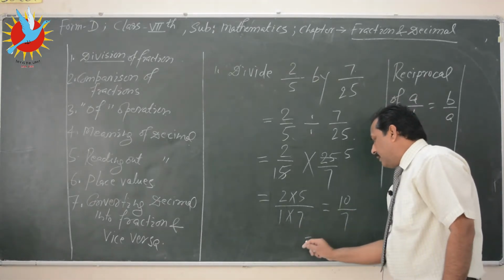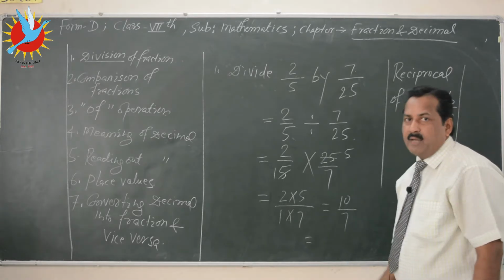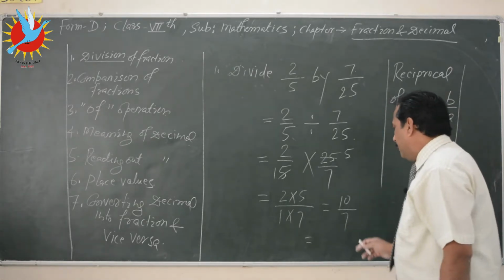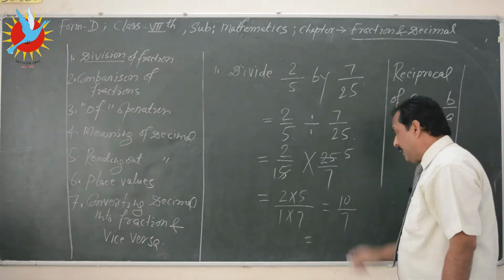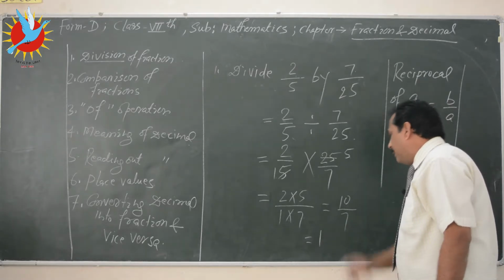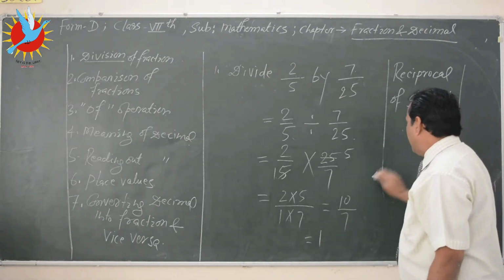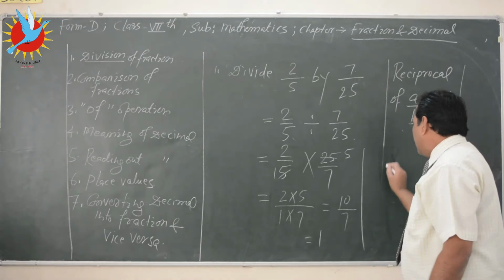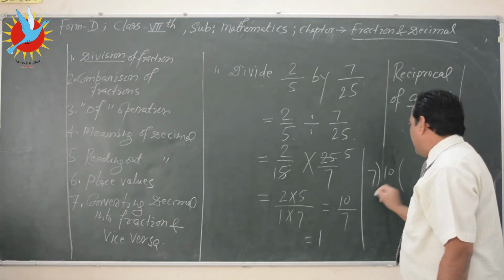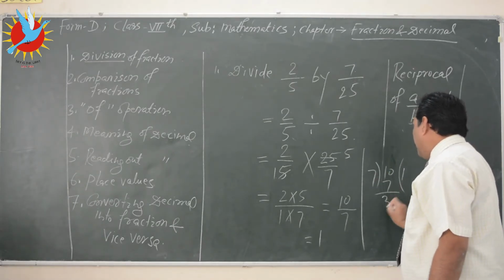And we can further convert it into a mixed fraction. How to do it? You divide 10 by 7, that is 1. So this 10 is to be divided by 7, 7 1s are 7, remainder is 3.